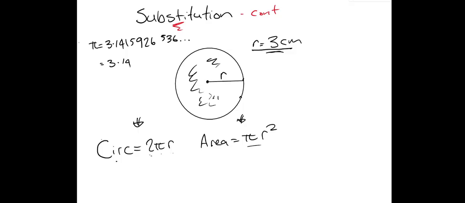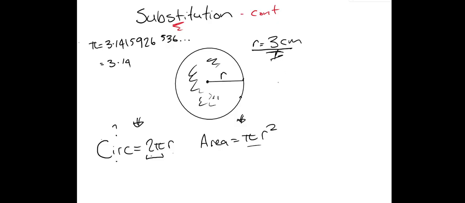Okay, so the coefficient, the number in front of the variable, is going to be 2 pi. 2 is a number, pi is a number, two numbers multiplied is a number. So the circumference here is not known. The radius is known.